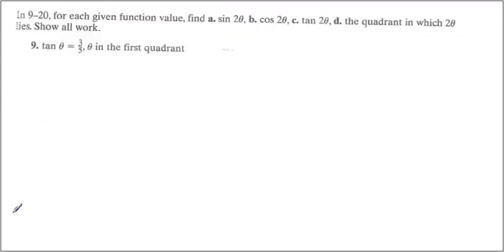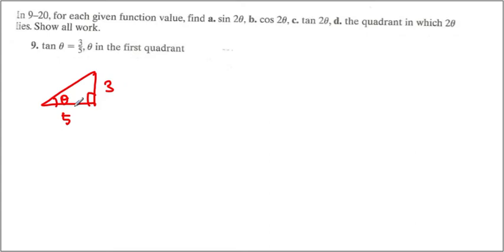Alright, let's look into the next question. Here, we have to look at these three things here. Sine of 2 theta once again, and in this case, since it's in the first quadrant, one thing which you get to realize is this. After drawing a triangle, this must be 3 and this must be 5, given that this angle is angle theta.